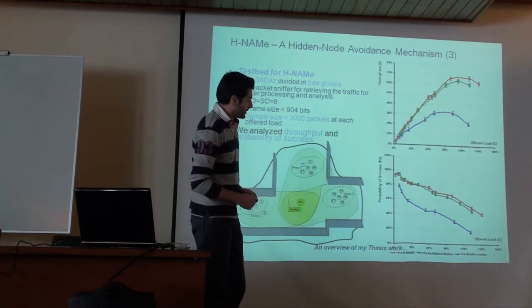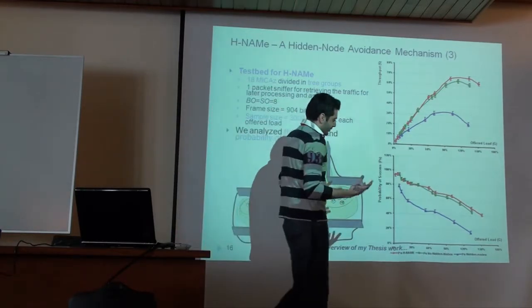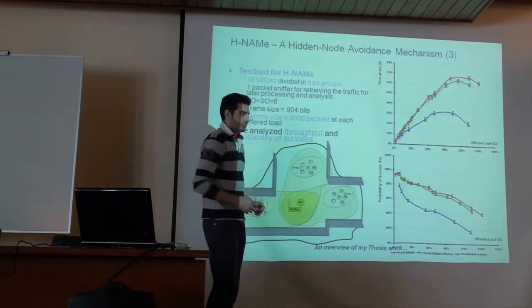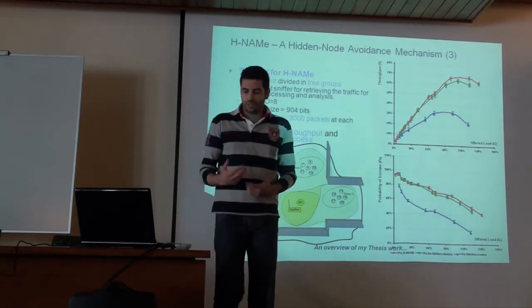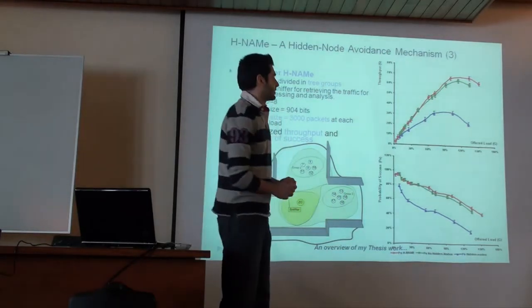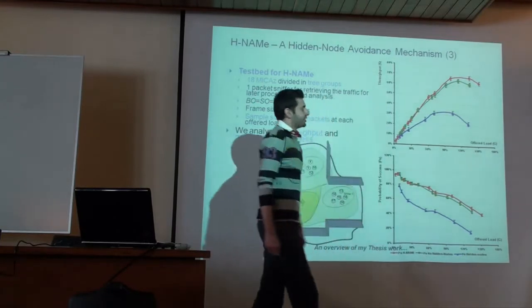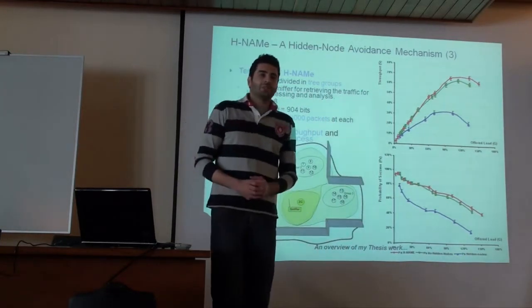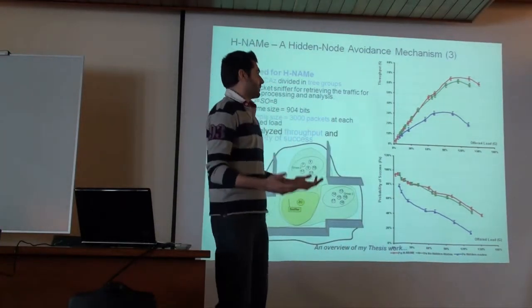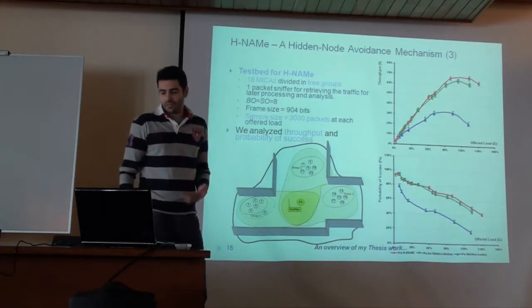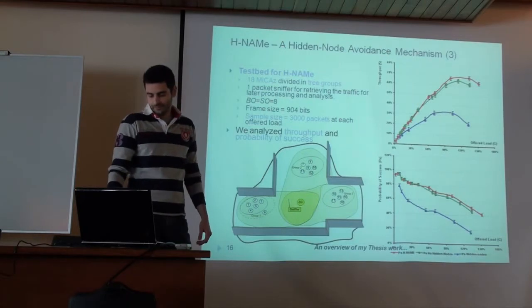Another curious thing is that without hidden nodes, just picking up all these nodes and putting them in a way that they are visible to each other, you get this green line throughput, which is actually lower than using HNAME. But this is easily explained by the fact that you don't have so many nodes competing for the medium at the same time.